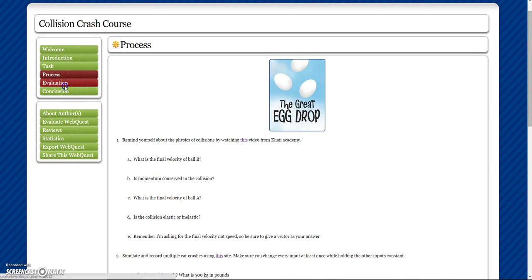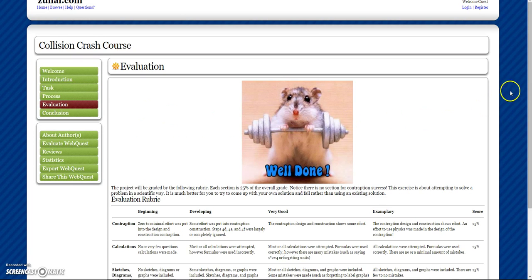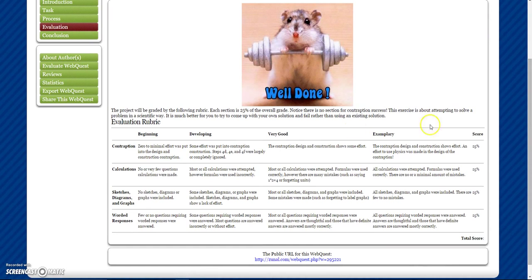Then I have the evaluation and the conclusion. Let's see here as it loads. There we go. So here I have this evaluation rubric. You can see that it's mostly effort and completion based, meaning you can get to this very good level if you attempt all the calculations, you do all the work, and you put in effort.